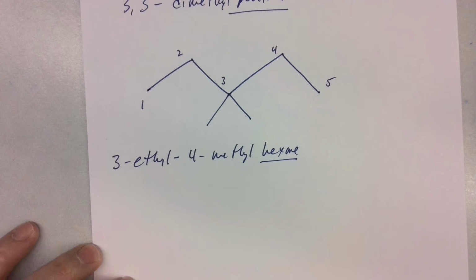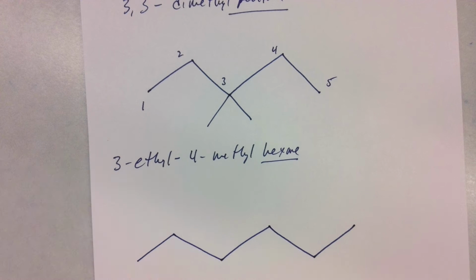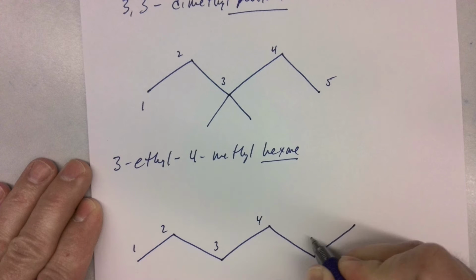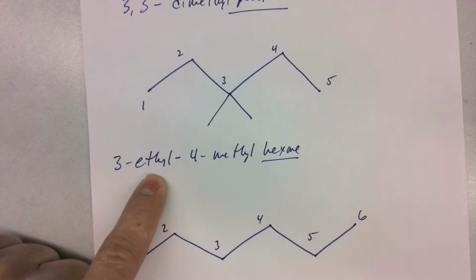Now I'm going to have 5 lines, because 5 lines gives me what? 6 carbons. So I got 1, 2, 3, 4, 5. So that's my hexane. 1, 2, 3, 4, 5, 6. There's my hexane backbone.